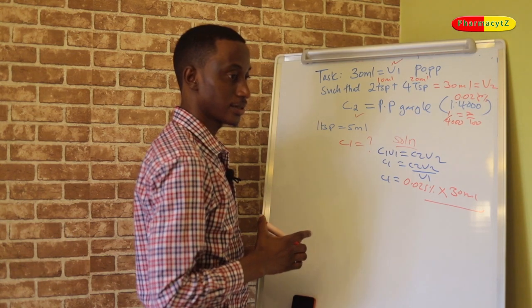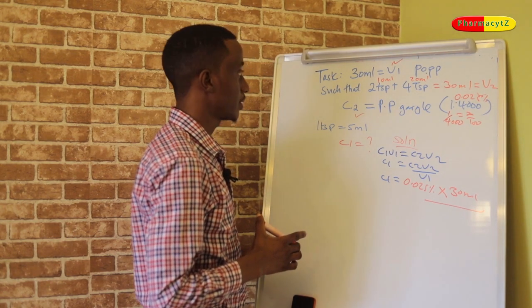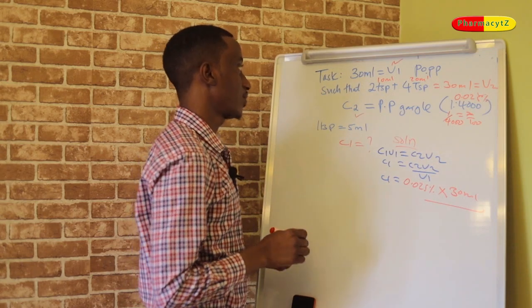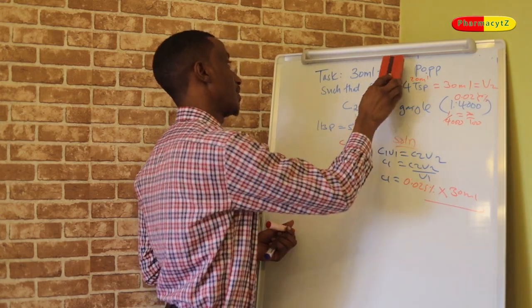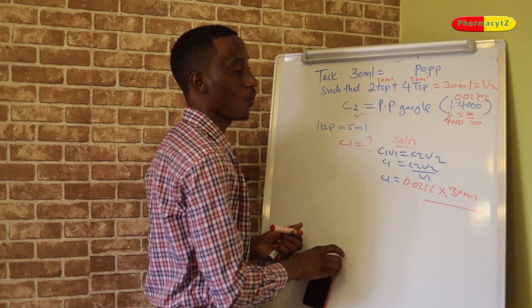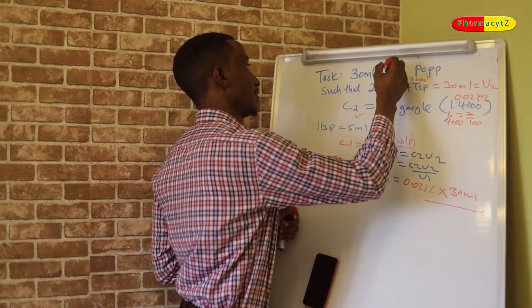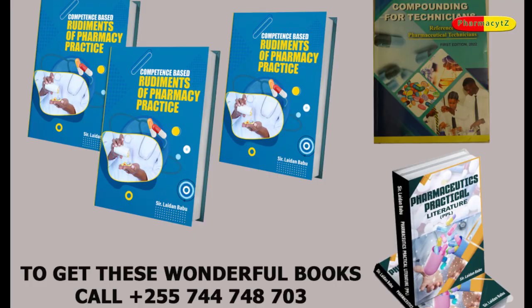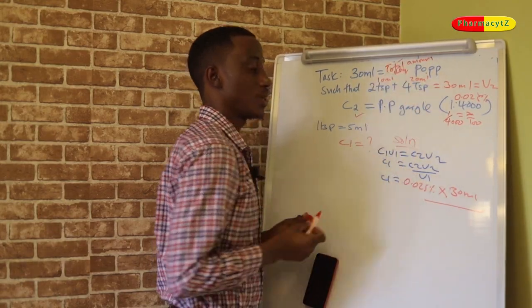No. There was a mistake here. 30 ml is not volume 1. 30 ml is the total amount required to be prepared.